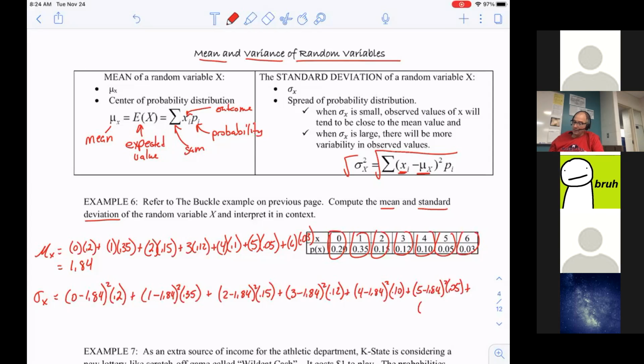Can you imagine typing all this into your calculator? That is going to be ugly, and I wouldn't expect you to type that in. We just need to know that this is going to turn out to be 1.604.